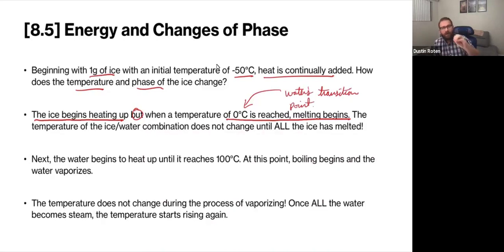Remember that the temperature of this ice water combination, because it's starting to go through a phase change, does not change at all. It stays 0 degrees until you get the full transition.